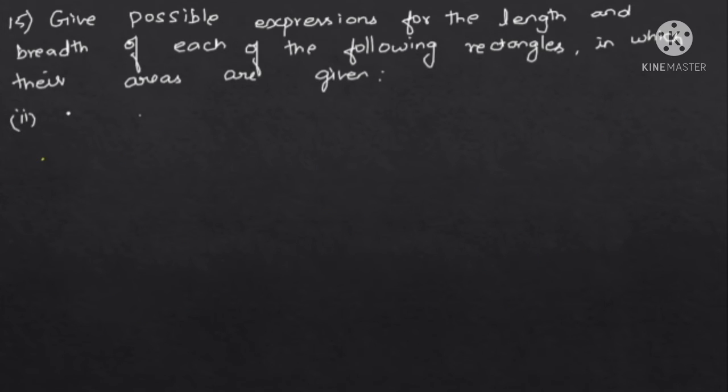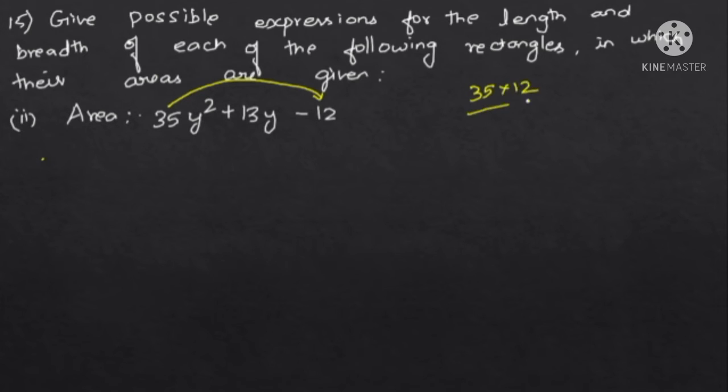Second subdivision, given area is 35y square plus 13y minus 12. First of all, let us multiply this 35 with minus 12. So 35 into 12 gives 420.